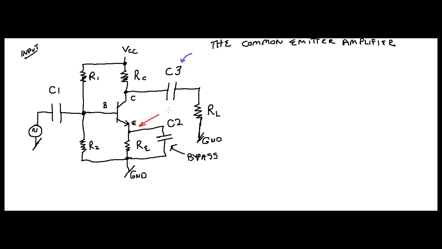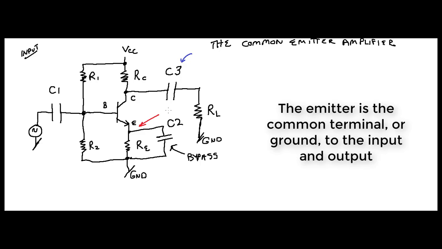So I believe they even have a common base amplifier. They have other things that are common, right? So there are three configurations: a common emitter, common base, and common collector. Okay, yes, I just read that while I'm talking. So they have all three types. So the common emitter means the emitter is common to the input signal and the output signal.